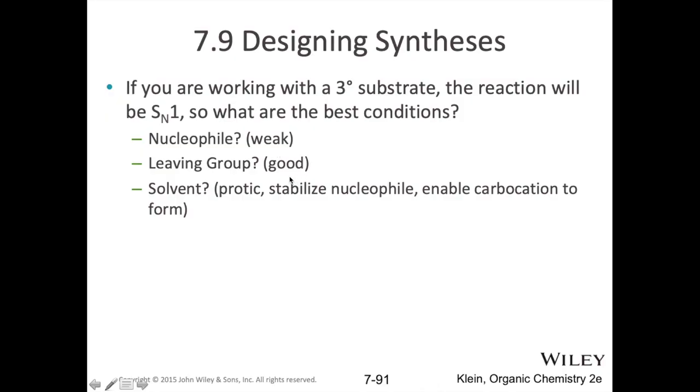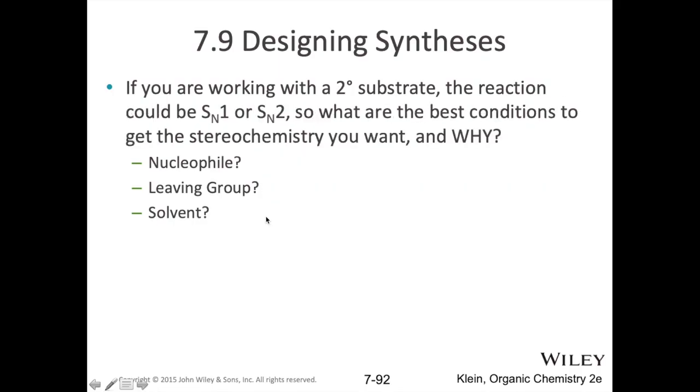That's kind of understood. And then when you're looking at your solvent considerations, as I mentioned, a protic solvent is going to be more useful here. These considerations especially matter if you have a secondary carbocation or a secondary alkyl halide as your substrate, because you're in between a primary and tertiary. You could really have this mechanism go either way.